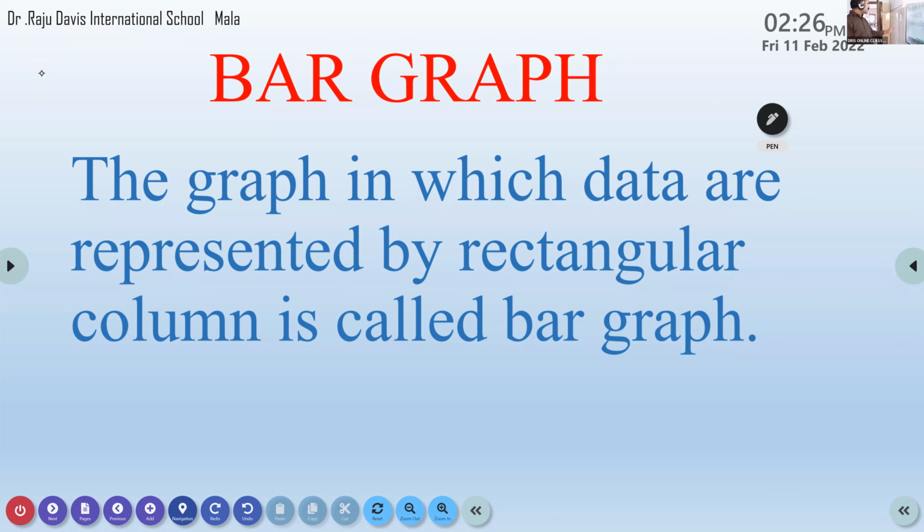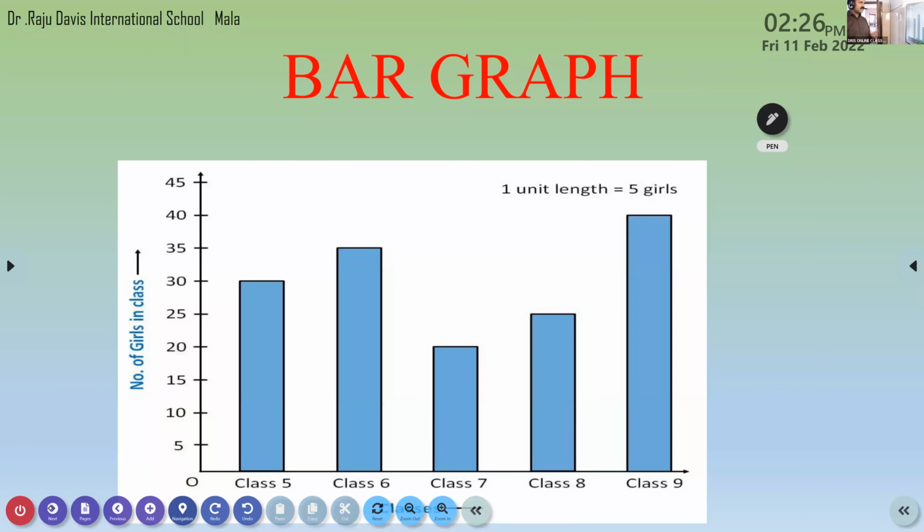Okay, so we can see one of the bar graphs. Can you see this bar graph? Now we can see two axes, that is x-axis and y-axis.